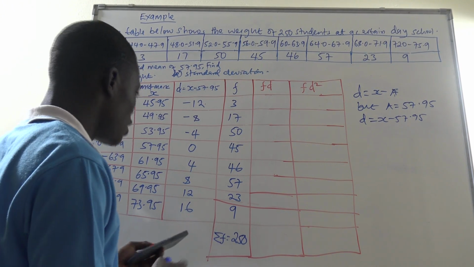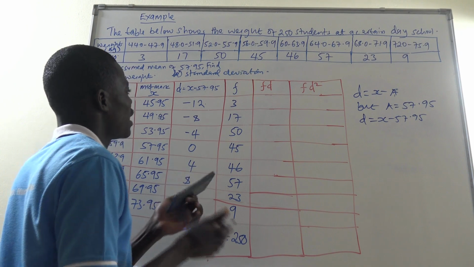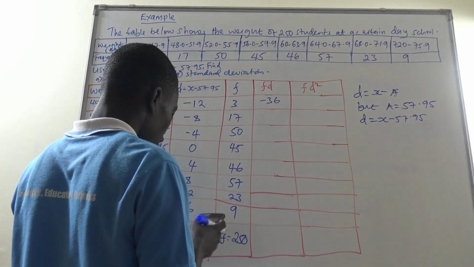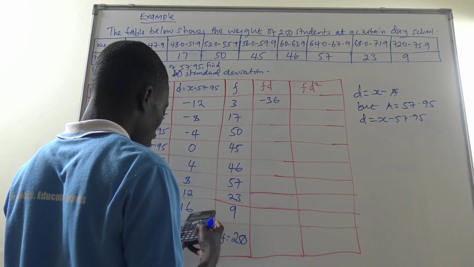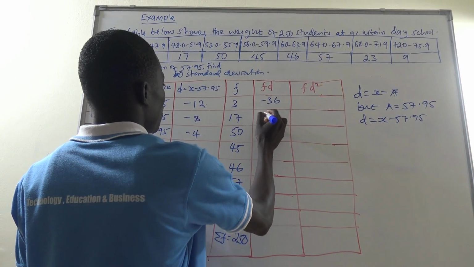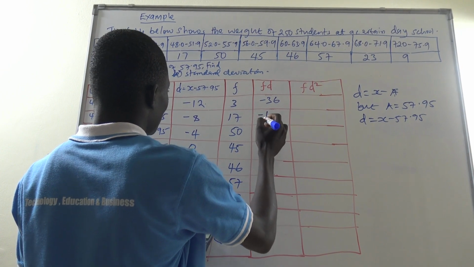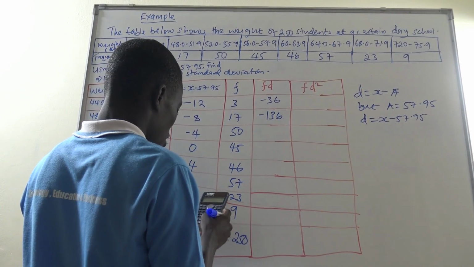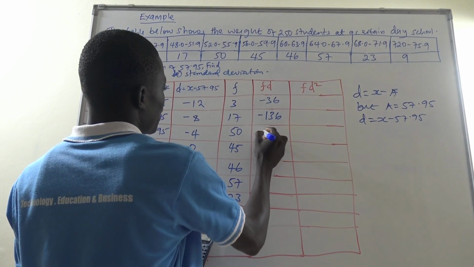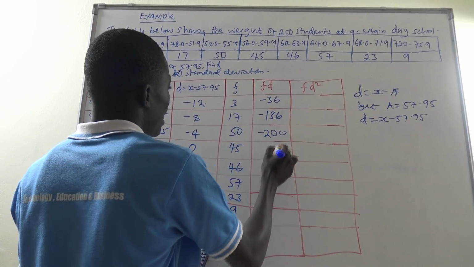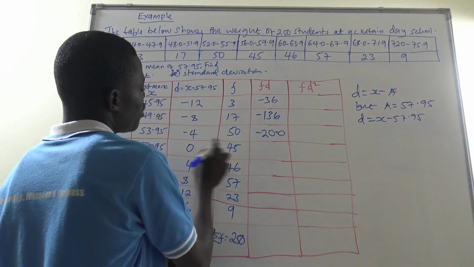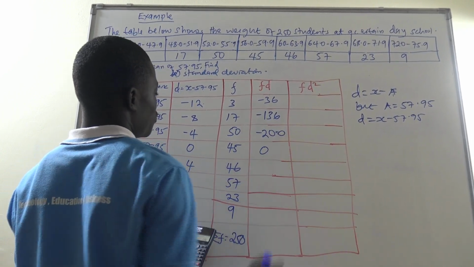That's negative 12 times 3, we are getting negative 36. Then negative 8 times 17, we get negative 136. Negative 4 times 50, we get negative 200. 0 times 45, we get 0.